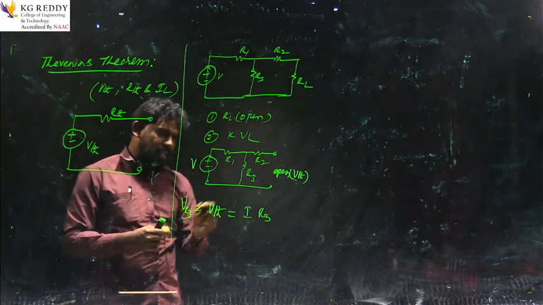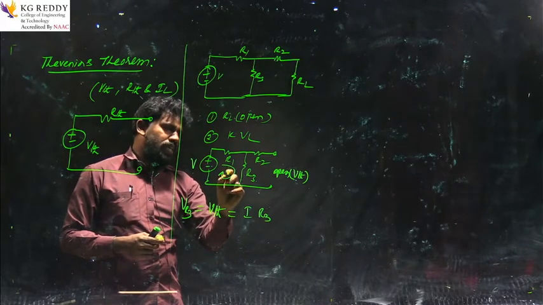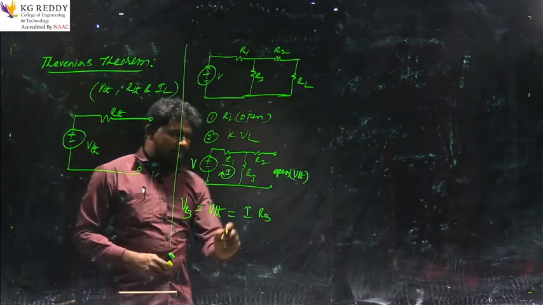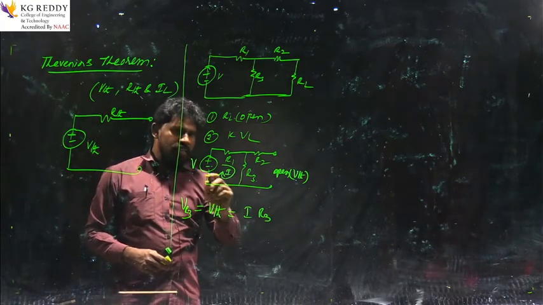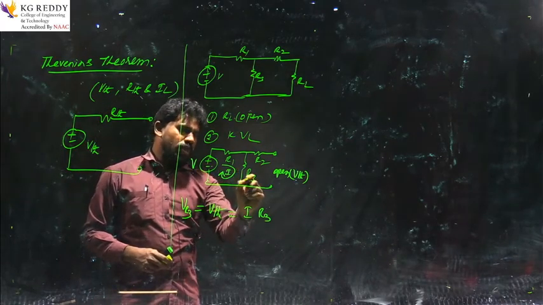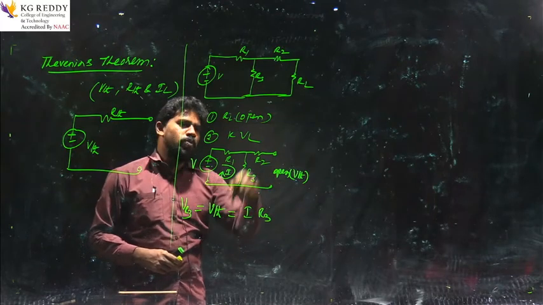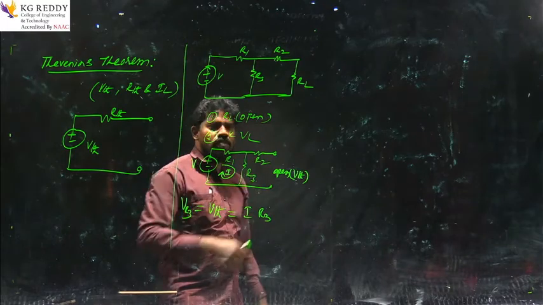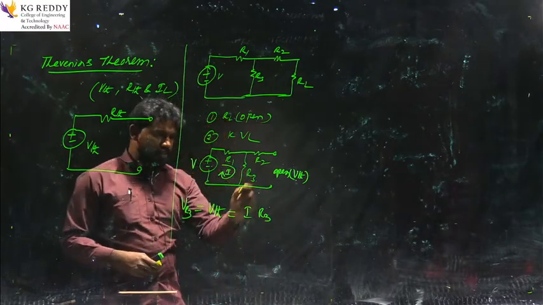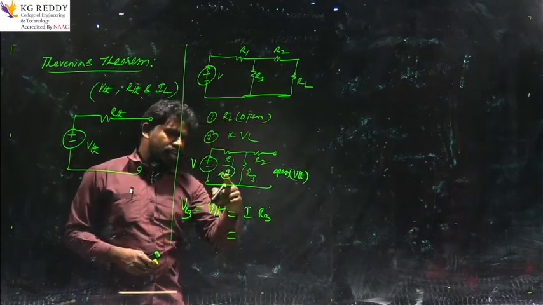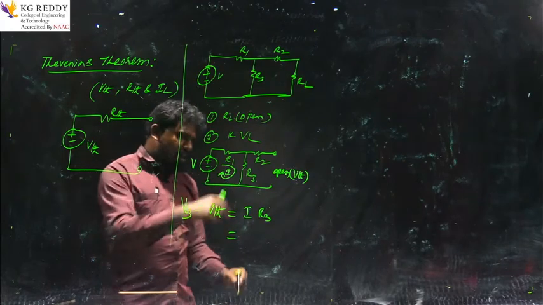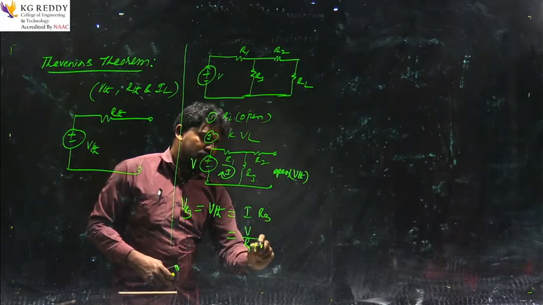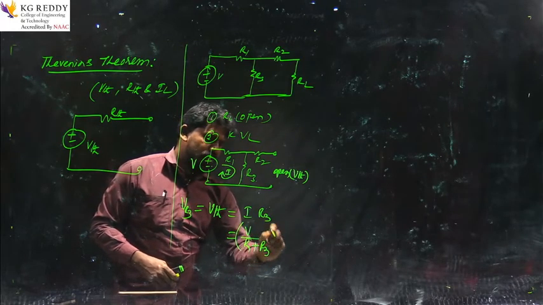How do we get I? By applying Kirchhoff voltage law in this loop. I is equal to V by R1 plus R3, because the open circuit does not allow current. Current is always 0 in an open circuit.